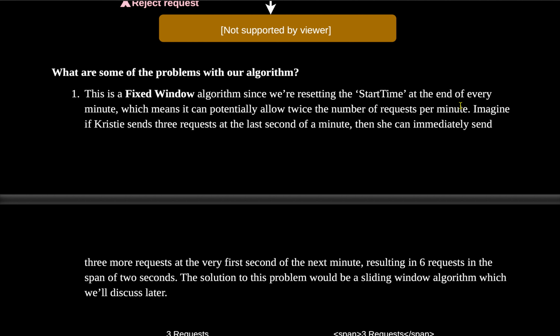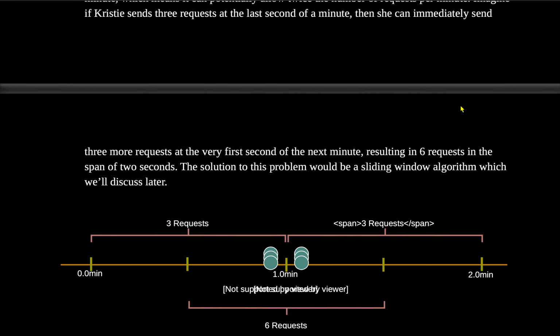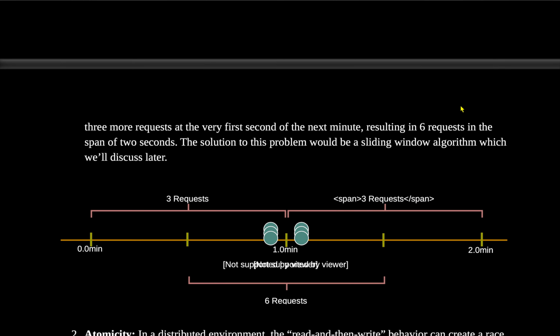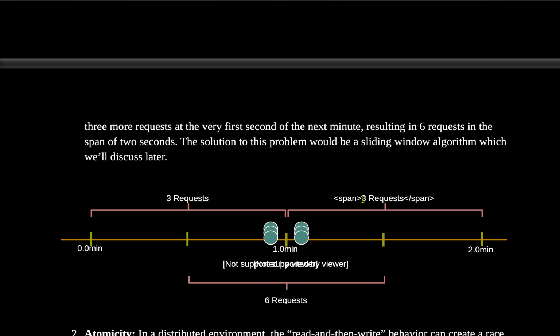Imagine if Christie sends 3 requests at the last second of the minute, then she can immediately send 3 more requests at the very first second of the next minute, resulting in 6 requests in the span of 2 seconds. So we are still counting per minute, but internally it happens within a short period of time. The solution to this problem would be the sliding window algorithm, which we will discuss later.